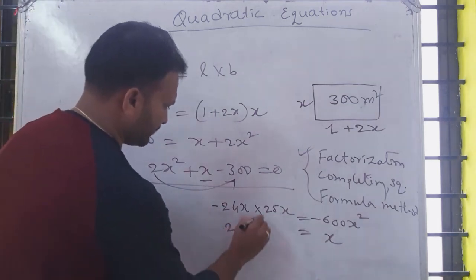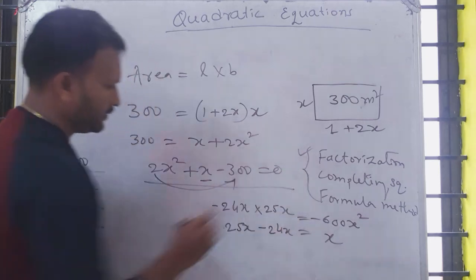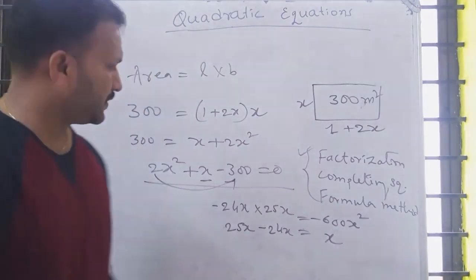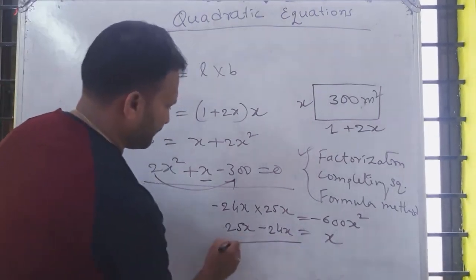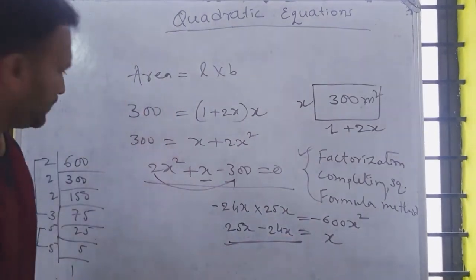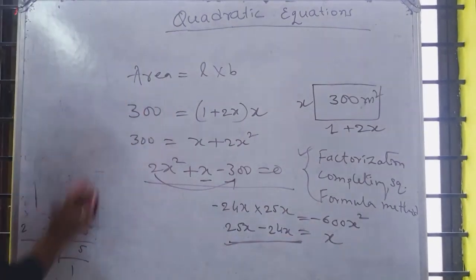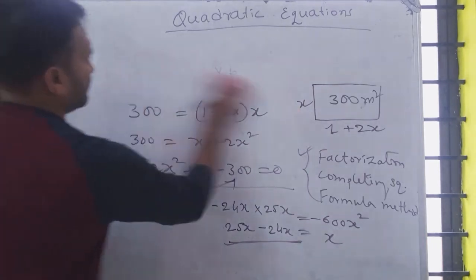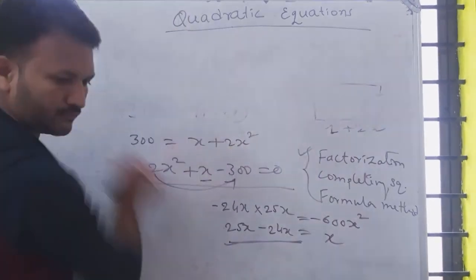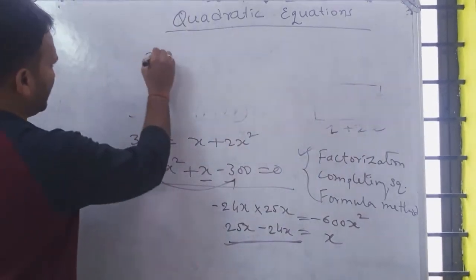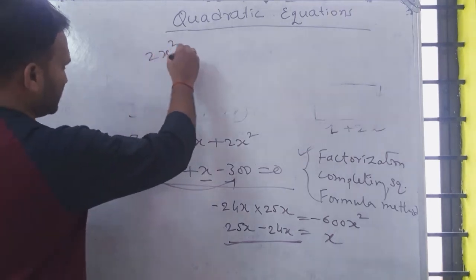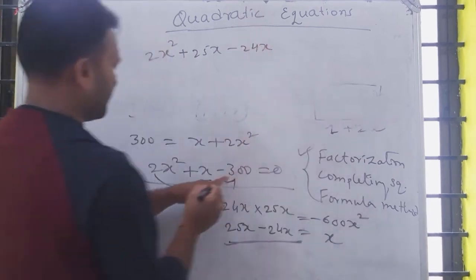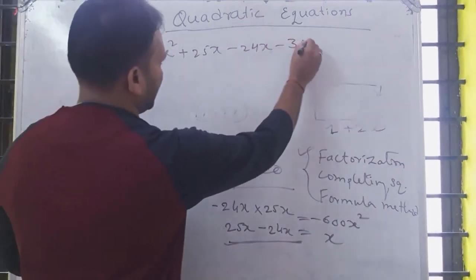I can write like this for better understanding: 25 minus 24 is 1, that is x. So the factorization gives you 2x square plus 25x minus 24x, and the last term minus 300, is equal to 0.